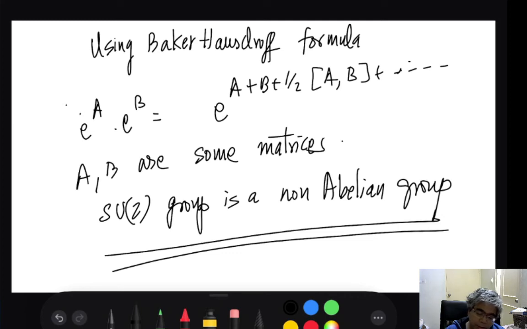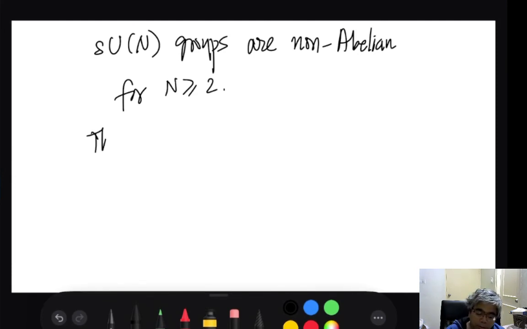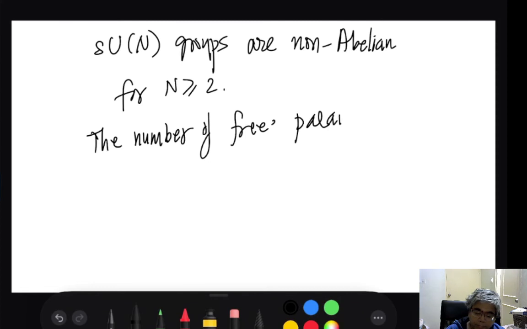Now one can generalize this. In general, this is a true property of all the SU(N) groups: they are non-abelian for N greater than or equal to 2. And the number of free parameters is N squared minus 1.